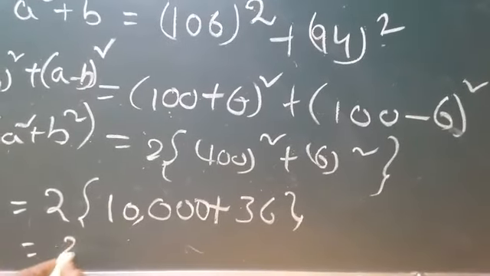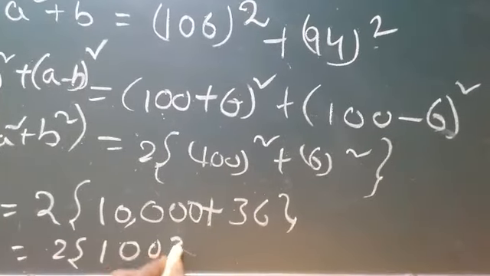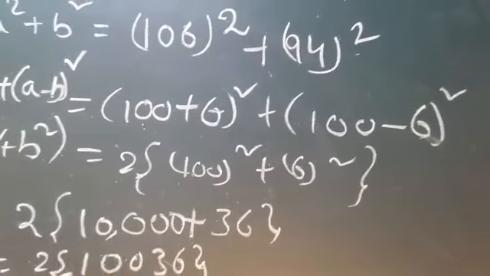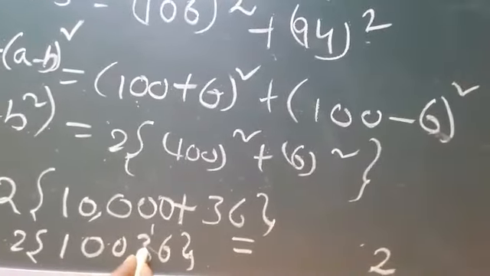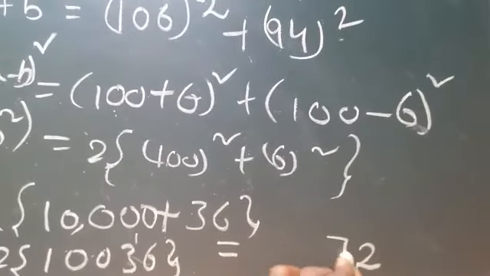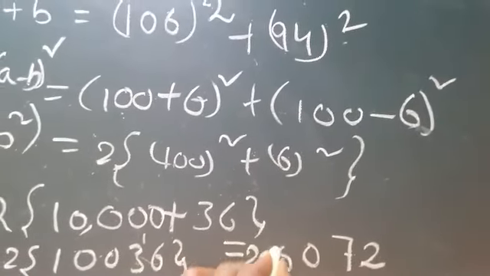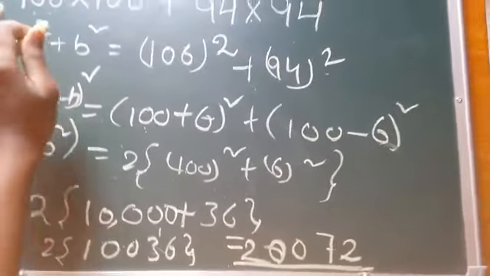That is equal to 2 into 10036. Multiply with 2: 2 sixes are 12, 2 threes are 6, 6 plus 1 is 7, 0, 0, 2. This is the final answer for this given question.